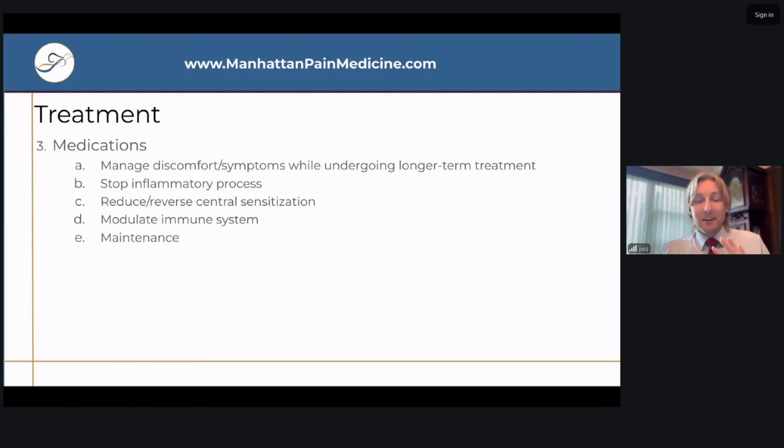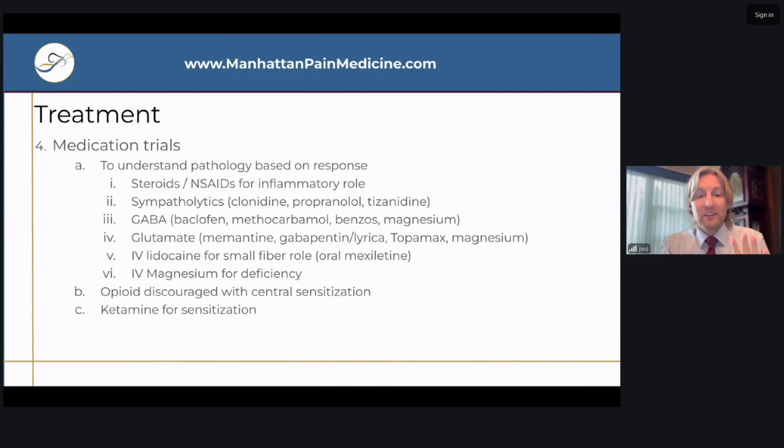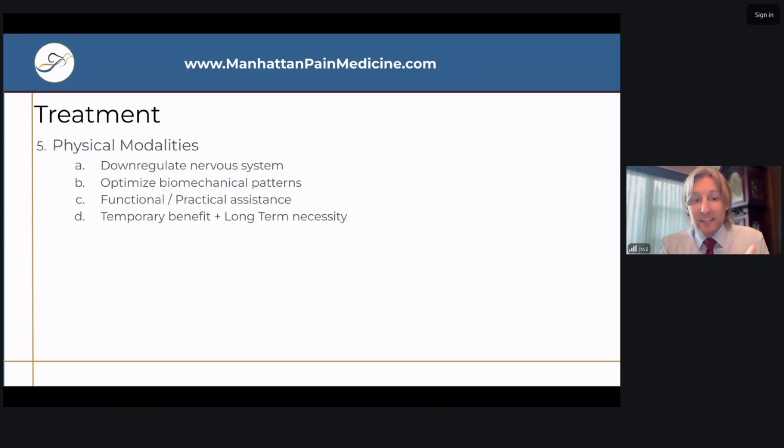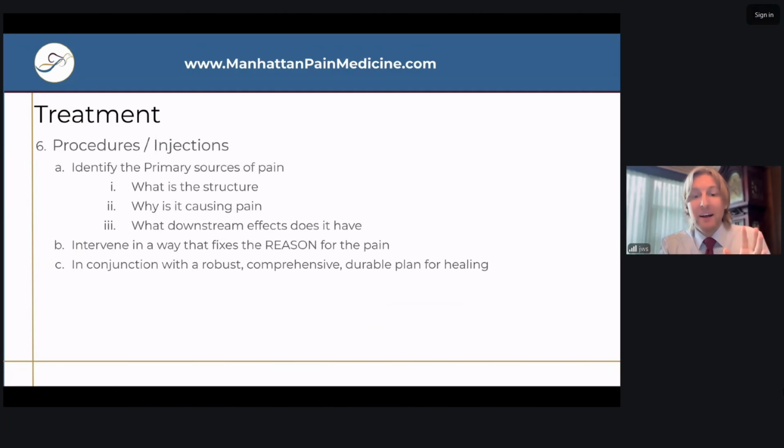All right, I'm going to go through some of this a little more quickly because I think I already said a lot of it. But medications, we have distinct goals for medications. I'll often try medication trials for specific purposes. There's diagnostic value in certain medication trials. The physical modalities I spoke through, and of course, we need physical modalities like physical therapy for any mechanical issue long-term.